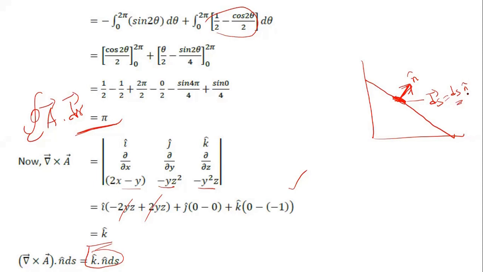N cap is the vector normal to the surface it represents, but along the outward direction. Outward unit normal vector. Okay. So you have a ds vector pointing like this, and this axis is your k cap or z axis. Okay, z axis direction, unit vector along the z axis is k cap.